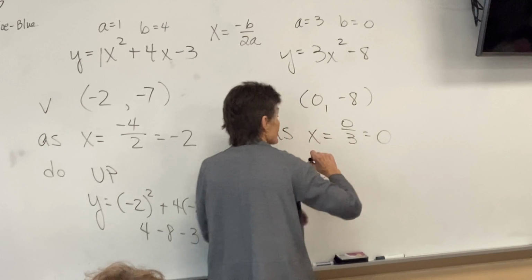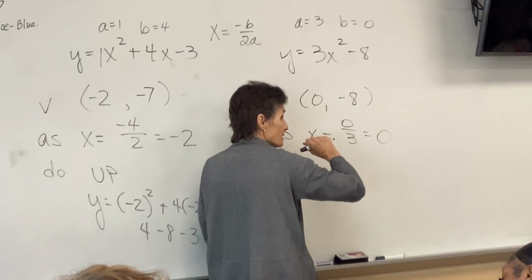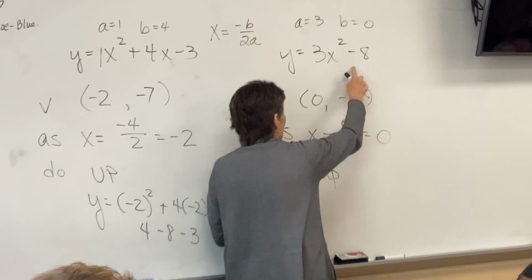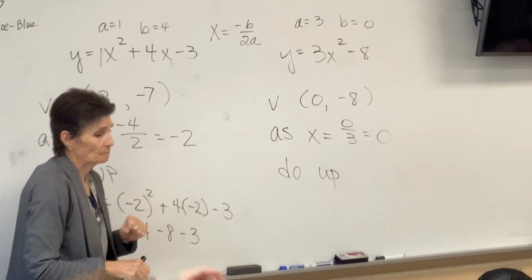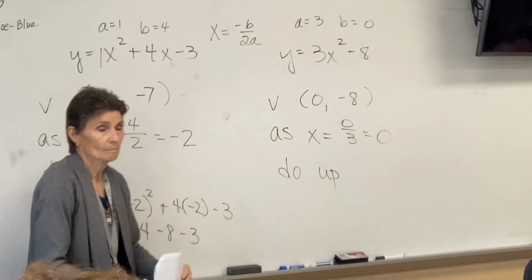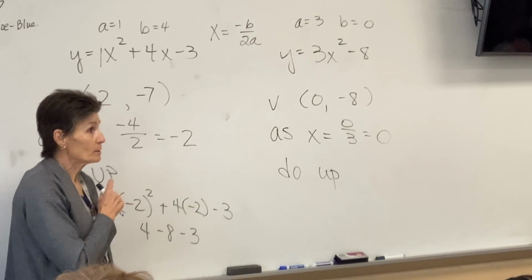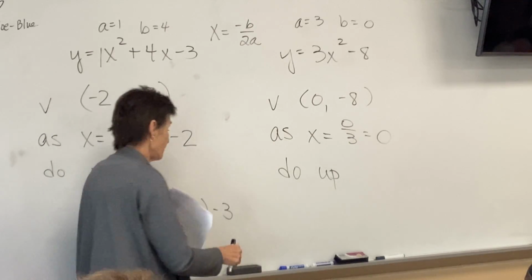Boys and girls, don't just stare blankly. 0 squared is 0, times 3 is 0, minus 8, negative 8. That's on the quiz tomorrow. So is problem 5.